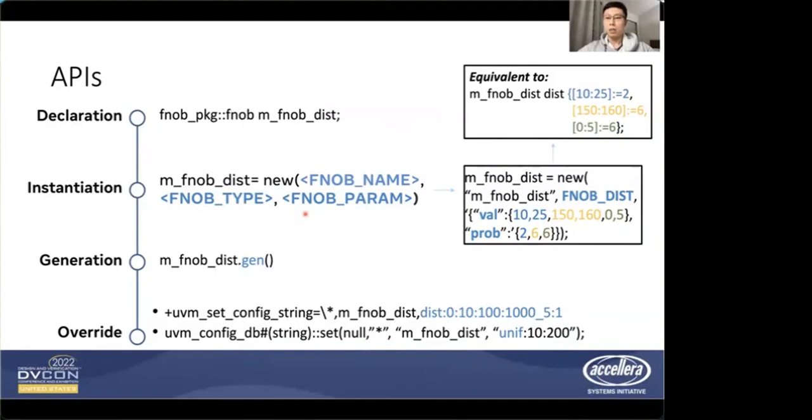For example, in the case we have on the right side here, if you have a distribution type of random, you need to provide two types of info: the value range as well as the corresponding probability. And we provide a one-to-one mapping correspondence between defining that in the Fnob in one line compared to defining that in the constraint blocks.